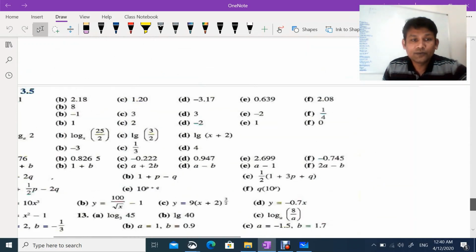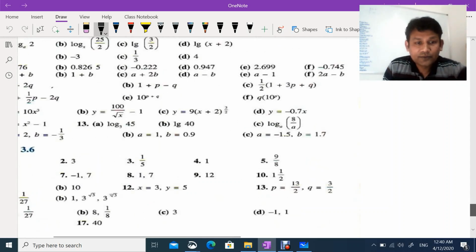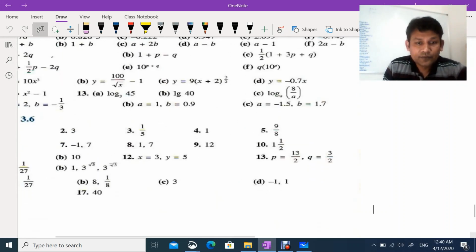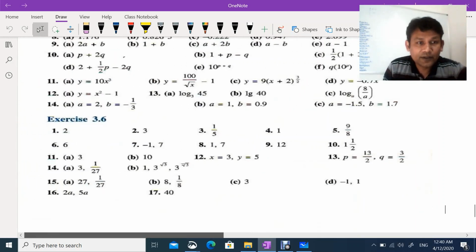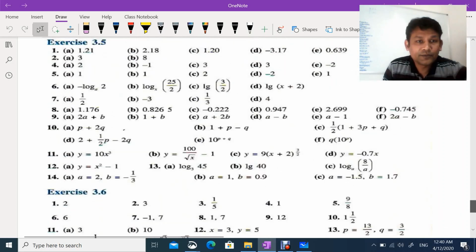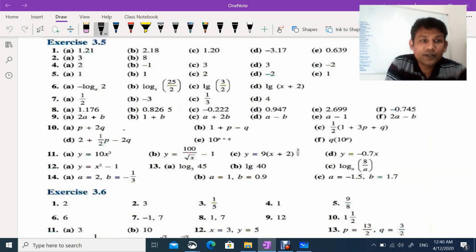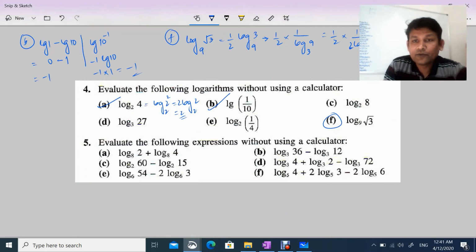Question number 4 part F, you can see it is 1 upon 4, and we have done 1 upon 4. Evaluate the following expression without using a calculator.